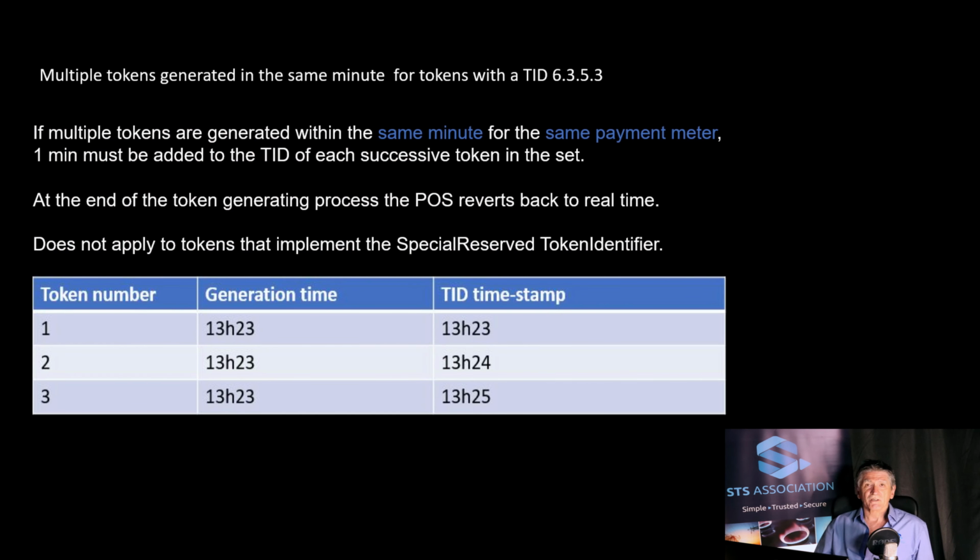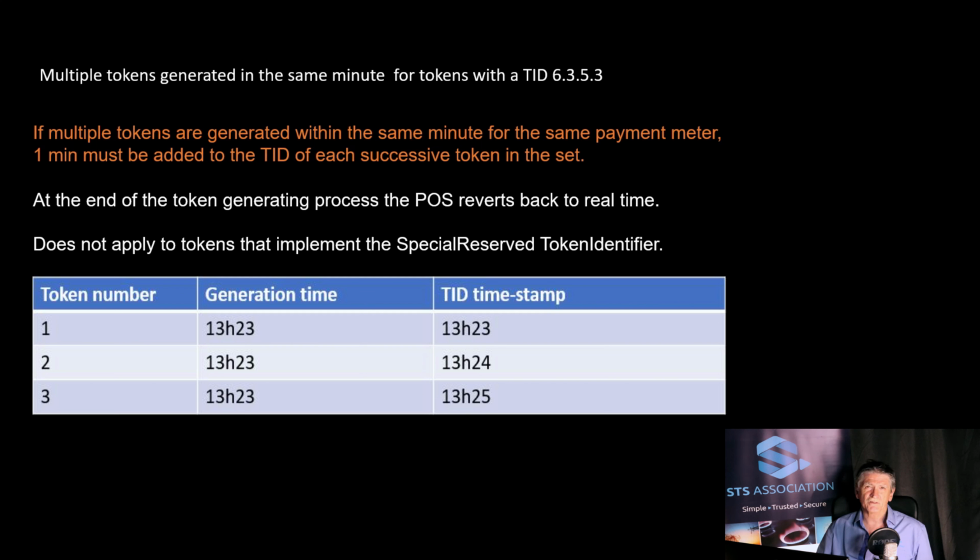We have multiple tokens generated within the same minute. This you can find referenced in 6.3.5.3. If multiple tokens are generated within the same minute for the same payment meter, 1 minute must be added to the TID of each successive token in the set.